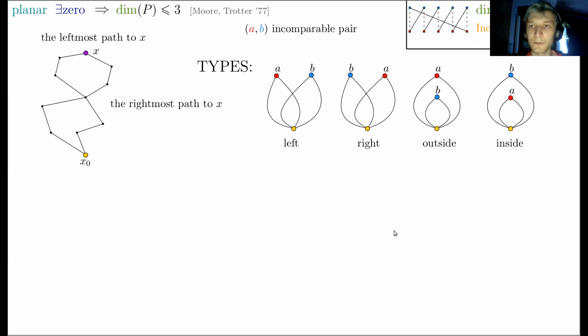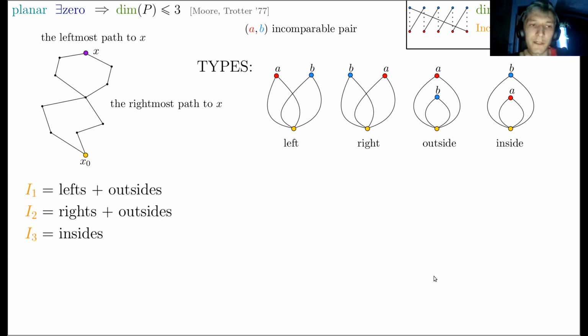Okay, and now here in the corner we have a recap of how to bound this dimension. So we have those strict alternating cycles. If there are none, then a set is reversible. And we want to divide incomparable pairs into some small number of reversible sets. So we divide them into three sets.